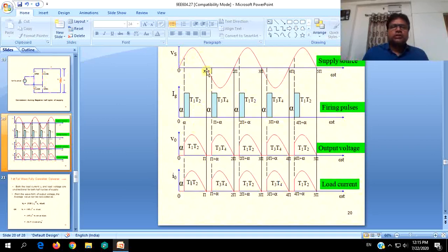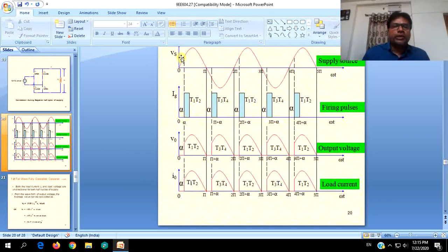During the positive half cycle, this set of SCRs T1 and T2 are forward biased, but they are not triggered at zero itself. Depending on the requirement, they can be triggered at zero itself, but normally not done. The set of SCRs T1 and T2 are triggered at alpha. The gate pulse is given at alpha.